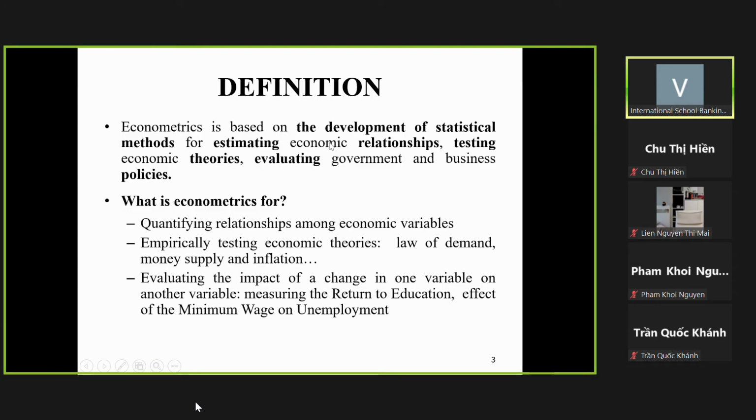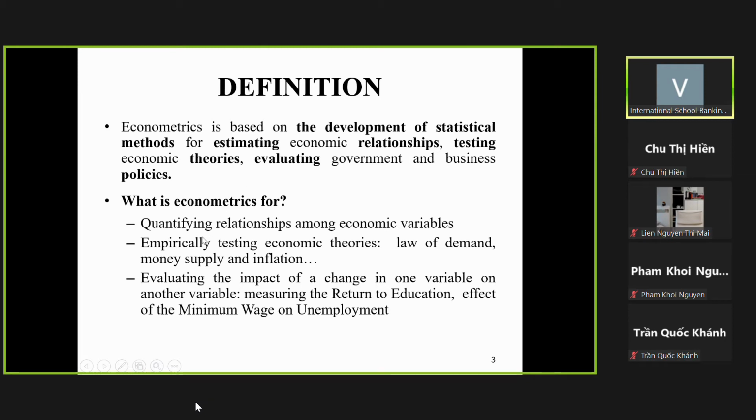So you can see that econometrics is based on the development of statistical methods. That's why last time I said to you that some methods, like for hypothesis testing, are based on the methods you already studied in statistics.